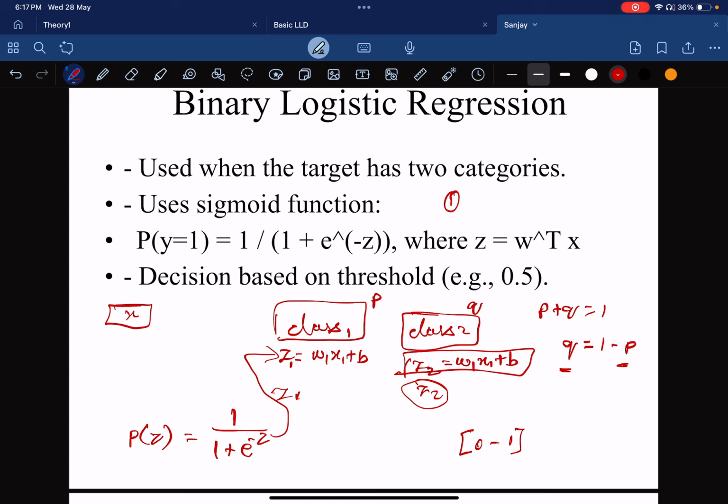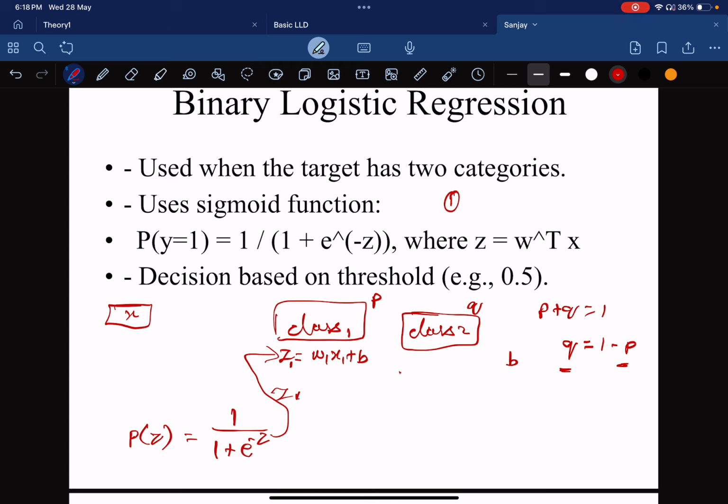Once I find the probability by the sigmoid function, I just subtract it from 1, and then I get the probability of x belonging to class 2. So there is only one regression equation used in binary logistic regression. We don't need to write the logistic regression for class 2, and we don't need the sigmoid function for class 2.